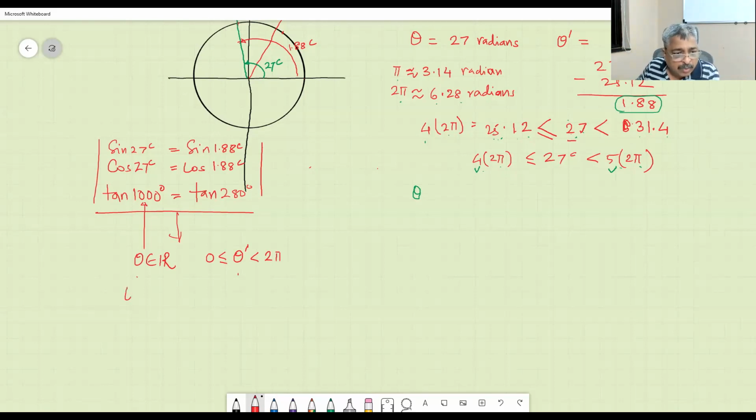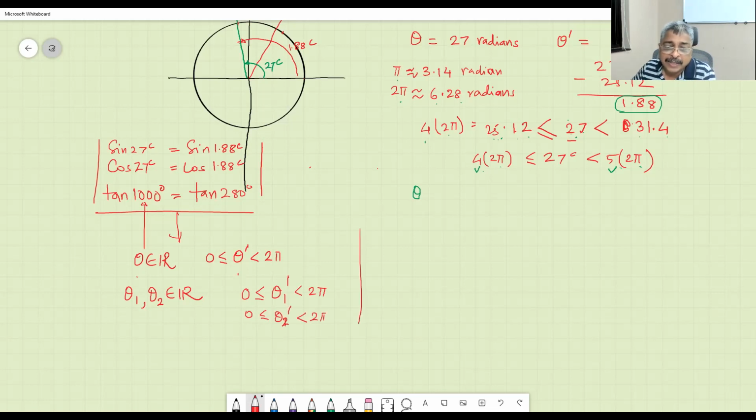Suppose theta 1 comma theta 2 belongs to R. We will be able to get corresponding 0 less than or equal to theta 1 dash less than 2 pi, and 0 less than or equal to theta 2 dash less than 2 pi.